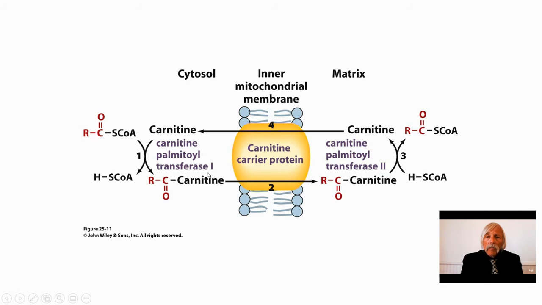That carnitine will be translocated with the fatty acid into the matrix of the mitochondria. And then a second reaction, catalyzed by carnitine palmitoyltransferase 2, will resynthesize the thioester. Now that fatty acyl group can be passed through the beta oxidation pathway.